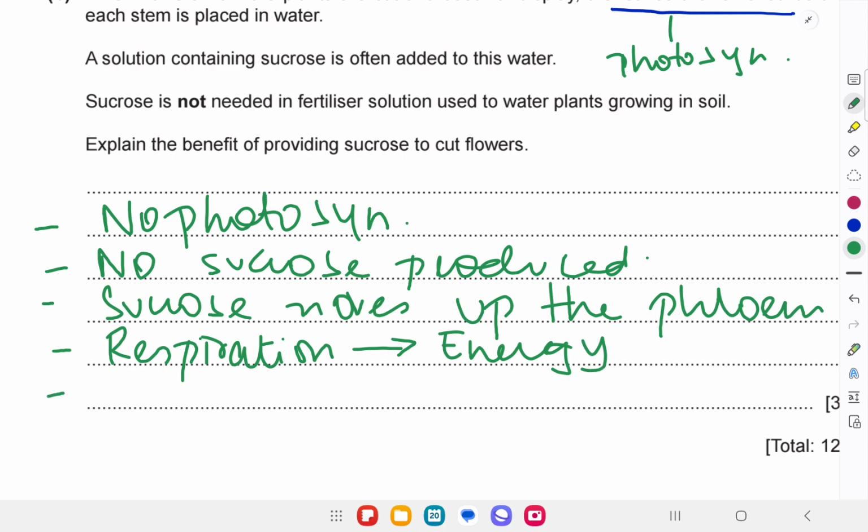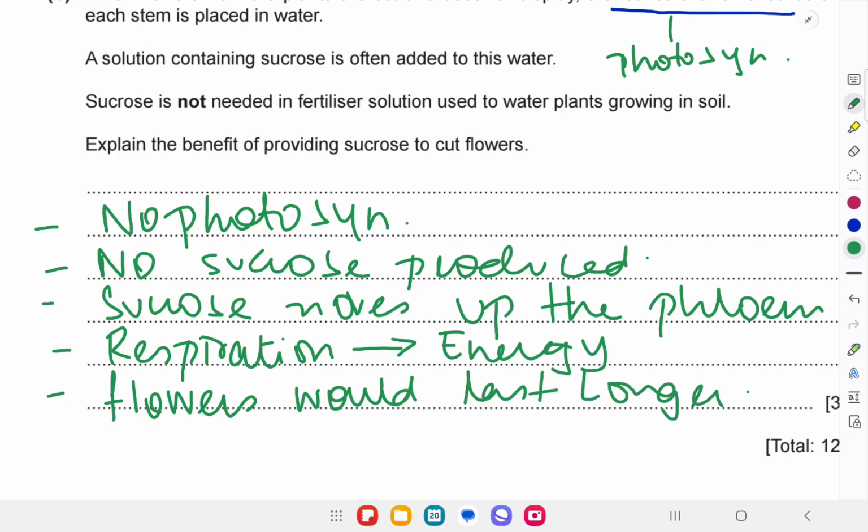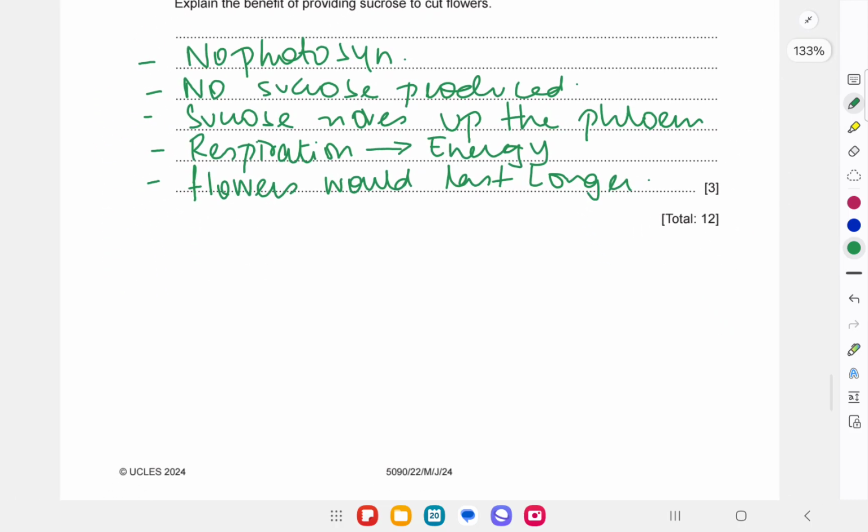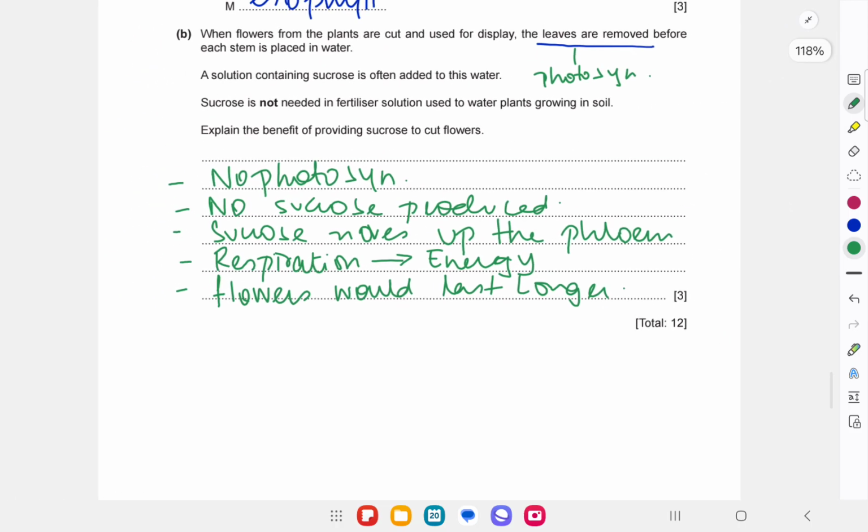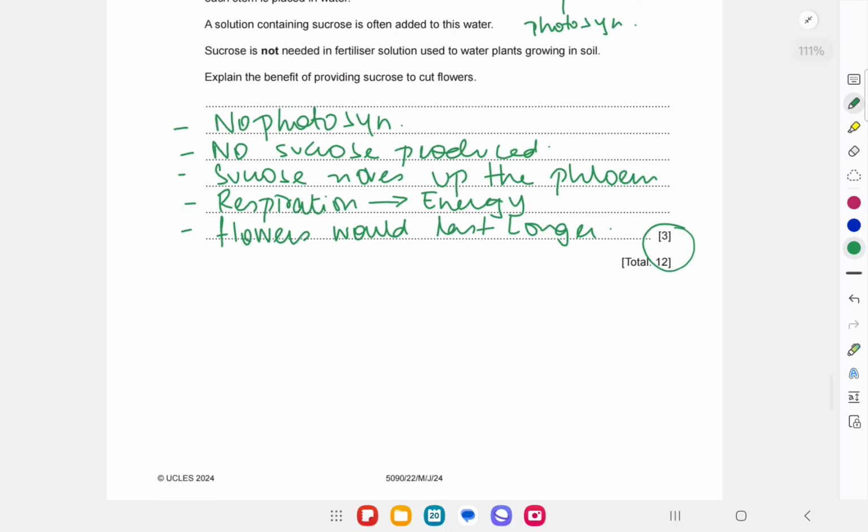And in this way, the flowering plants or the flowers would last longer. Right. So you can write any 3 points to get the full marks in this question.